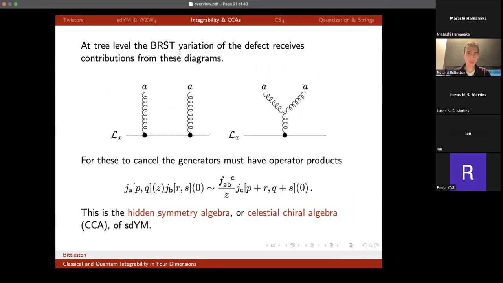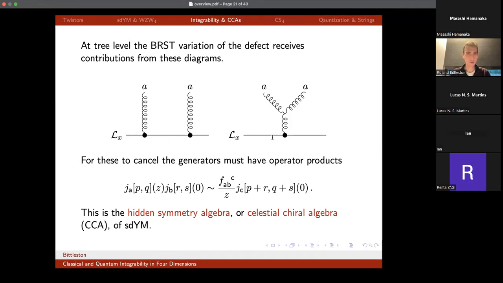At tree level, the BRST variation of the defect gets contributions from the following 2 diagrams. One, a bilocal term on the defect. And when I take the BRST variation of this, it turns out I compute the residue of moving this point around this point. You can remember this L_x, it's a holomorphic line, so it's a 2-dimensional real thing, it's a 1-dimensional complex thing.